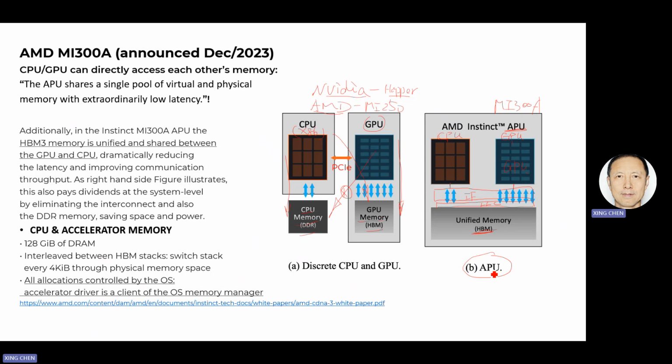This is for the APU. Okay, so in the Instinct MI300A APU, the HBM memory is unified and shared between the CPU and the GPU, dramatically reducing the latency and improving communication throughputs.